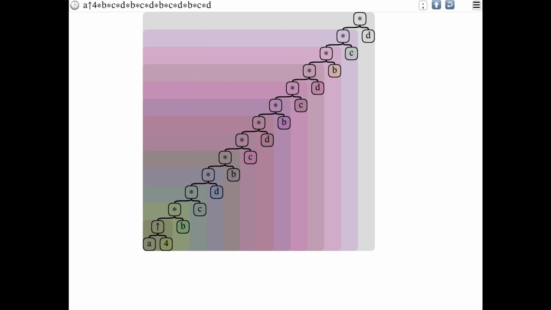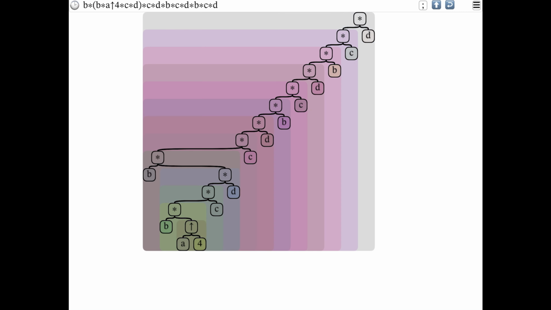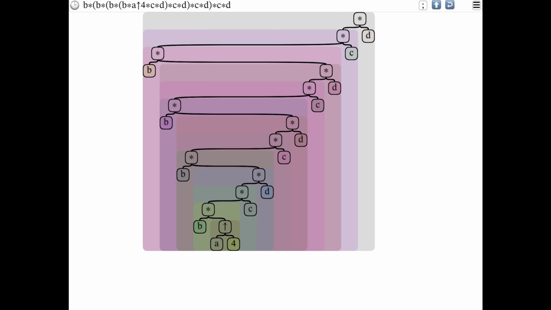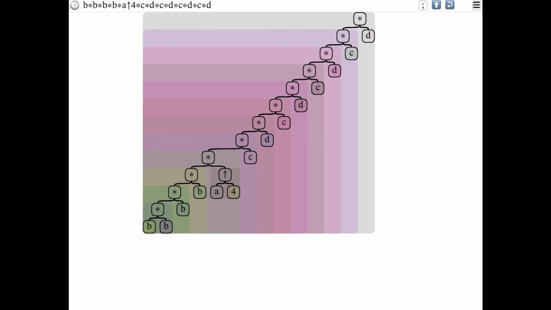Now commute all B's to the left. Reassociate operators from the bottom B to the top B. Once again, don't drag the B's. Drag from and to the operators that own them. Factor the B's together.